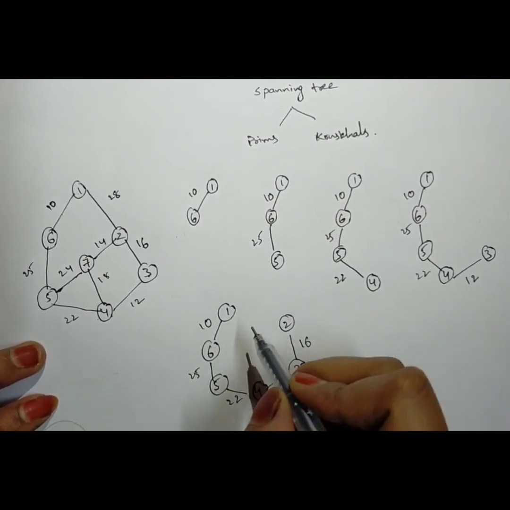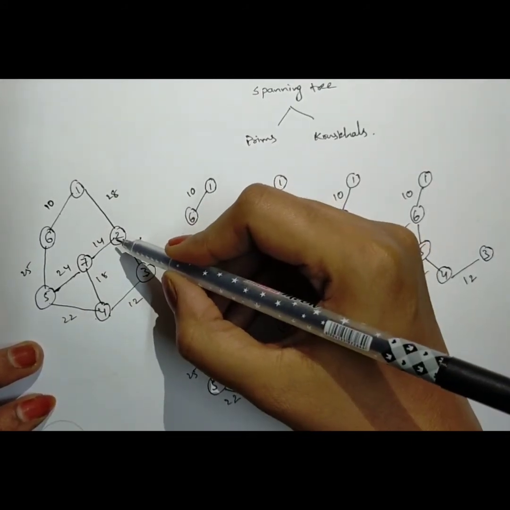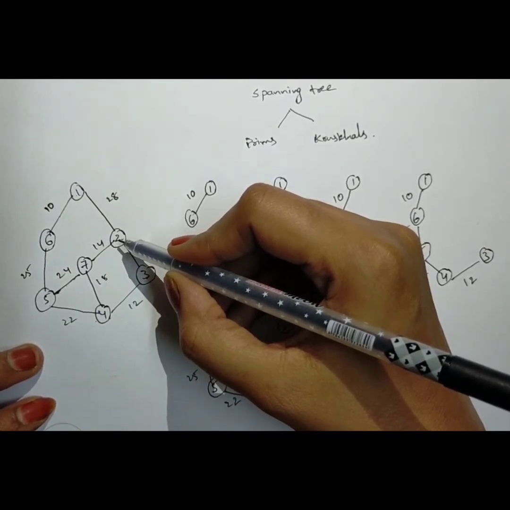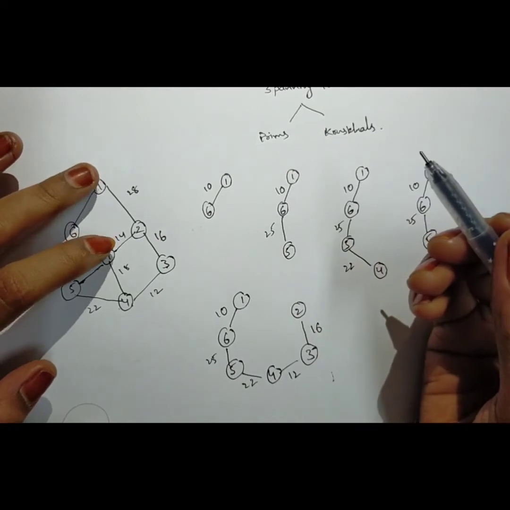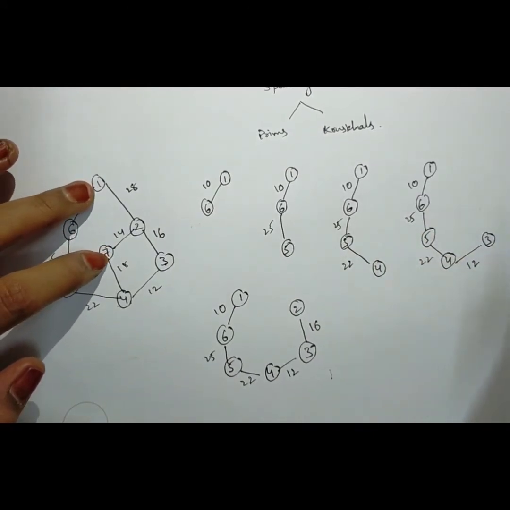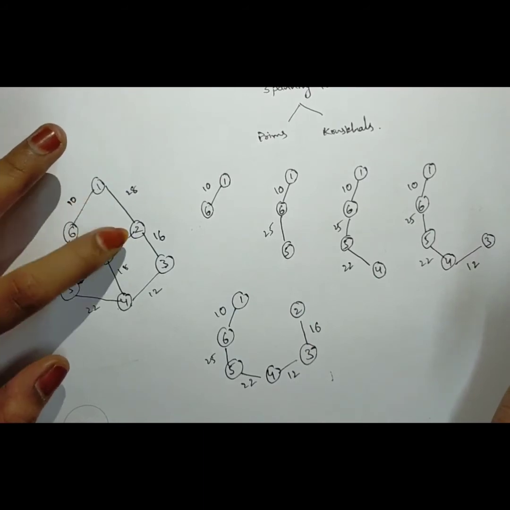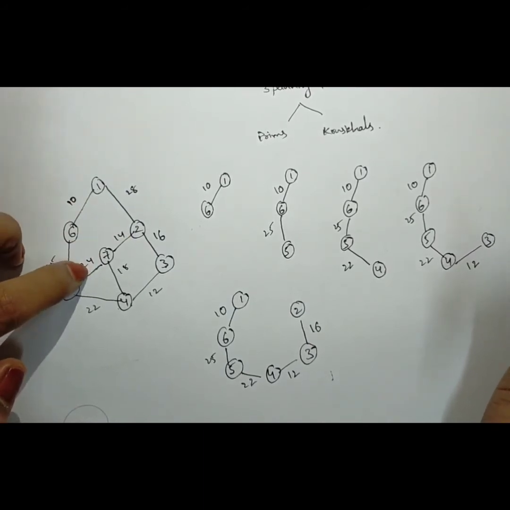Okay, now see, from 2 also you are supposed to consider their adjacency nodes. From 2 also we have 2 different adjacency nodes, that is 2 to 1 there is an edge and 2 to 7 there is another edge.